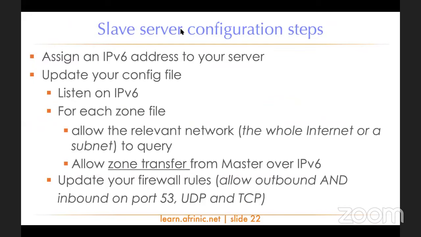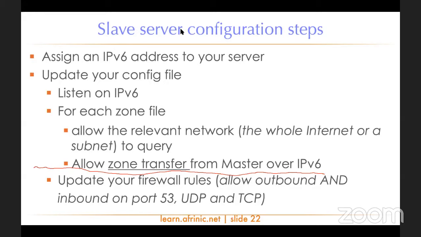For your slave server, the configuration is pretty much the same. The most important thing here is to allow the zone transfer from the master over IPv6. Remember that your master will send updates of the zone.